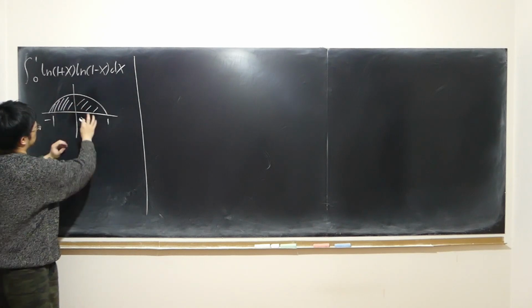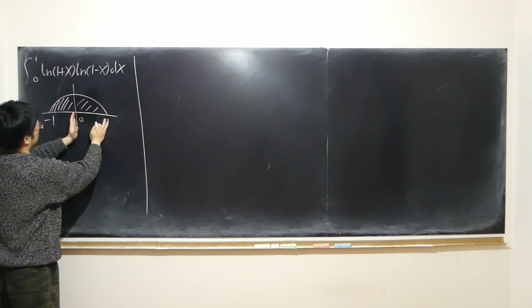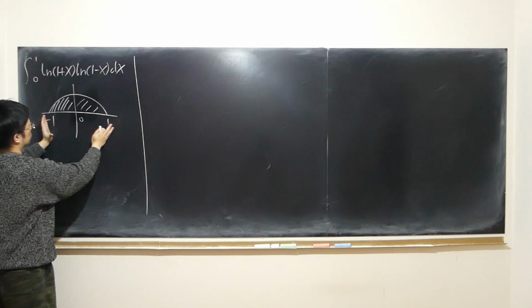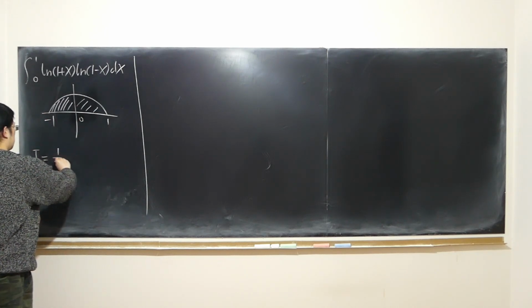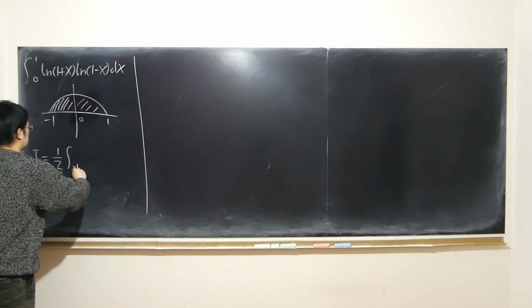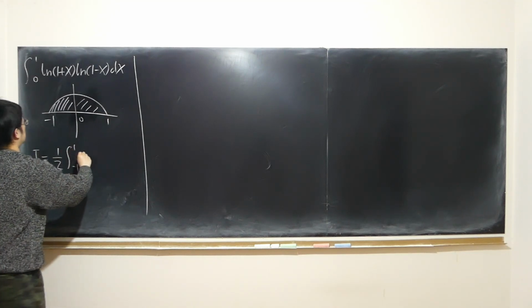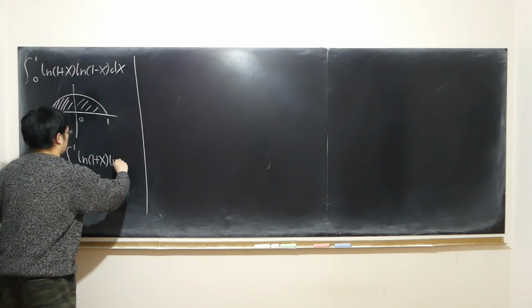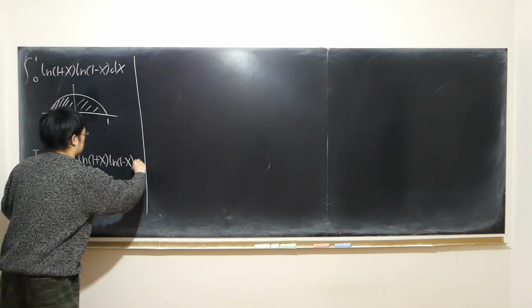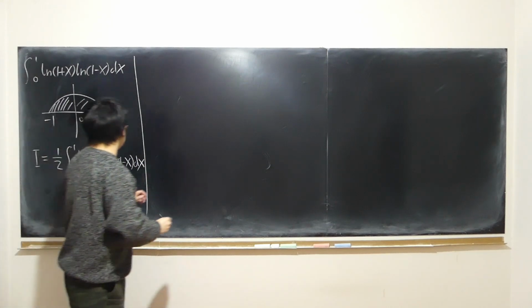So this 0 to 1 area is half of the negative 1 to 1 area. So all we have to do is take half times the integral from negative 1 to 1 of log(1 plus x) times log(1 minus x) dx. That's all we have to do.